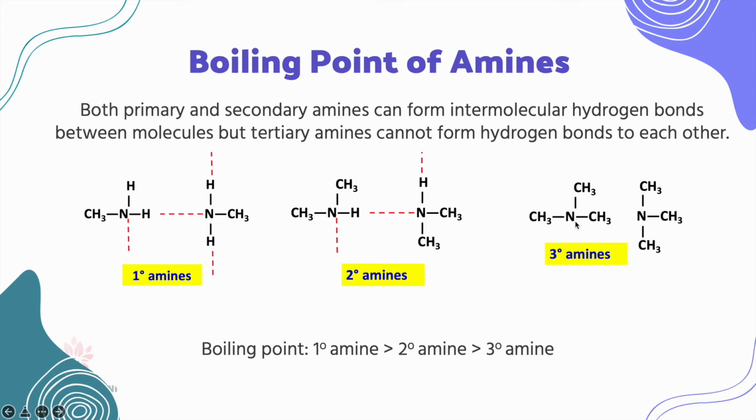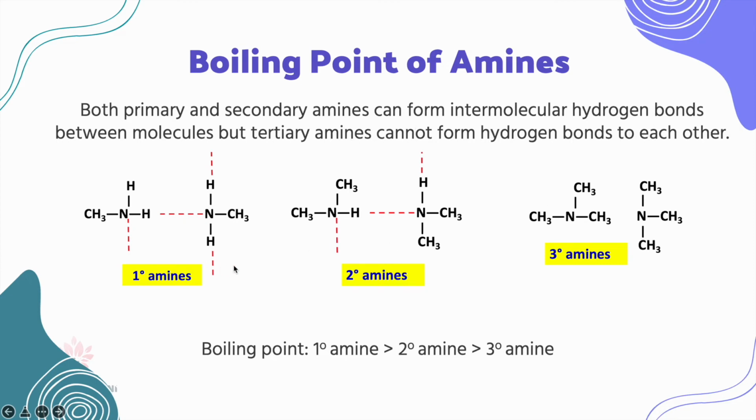Here, tertiary amine, there's no hydrogen attached to N, all carbon. In primary amines, 2 hydrogens are attached to N. Secondary amine, 1 hydrogen attached to N. But tertiary amines, no hydrogen attached to N at all. So that's why tertiary amines cannot form hydrogen bonds to each other.